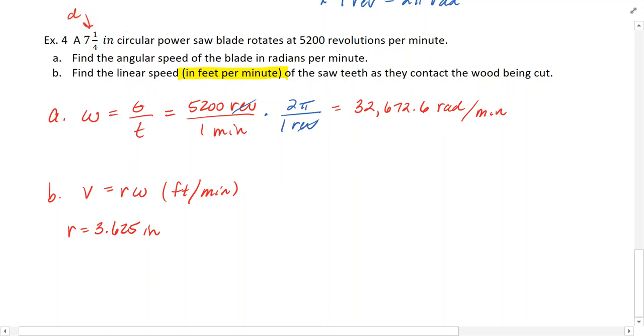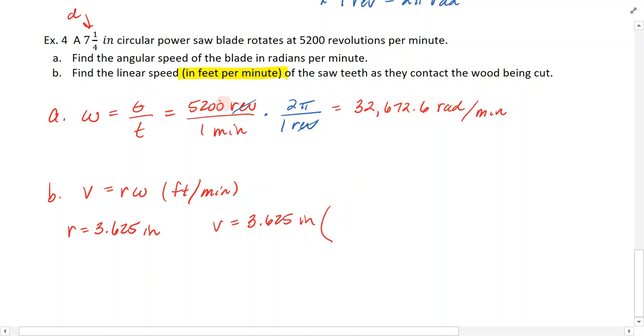Now, if I know what the radius is in inches, and I also know what omega is from part A above, then I'm just going to multiply r times omega to get the velocity, the linear speed. So the linear speed is going to be equal to 3.625 inches times, and I'm not going to use the approximate value from up here.